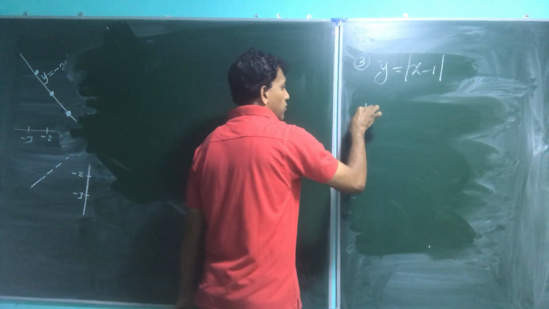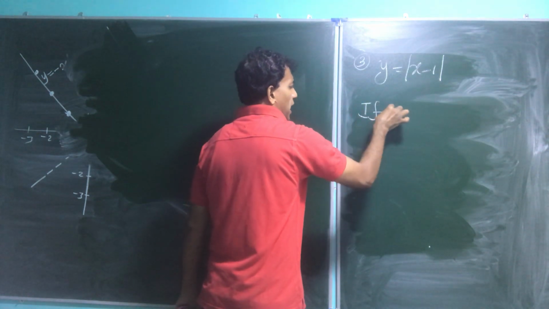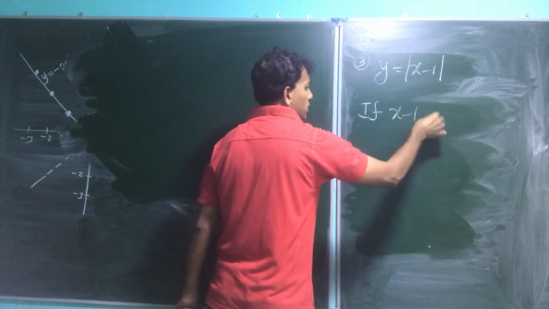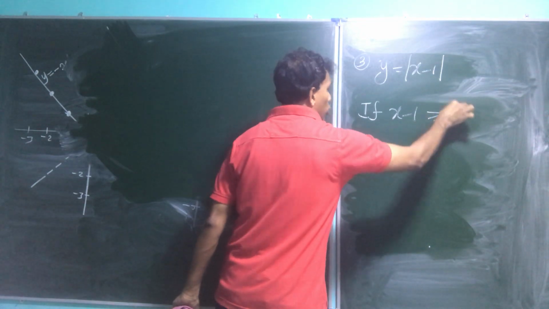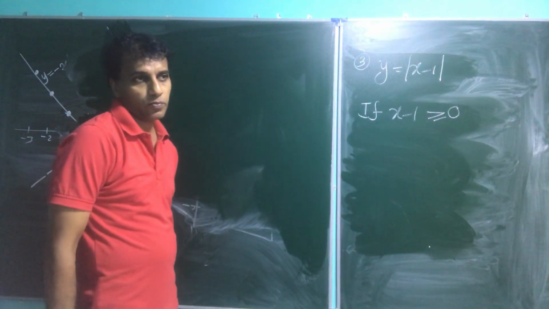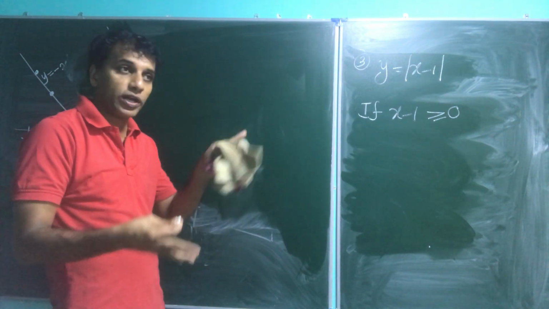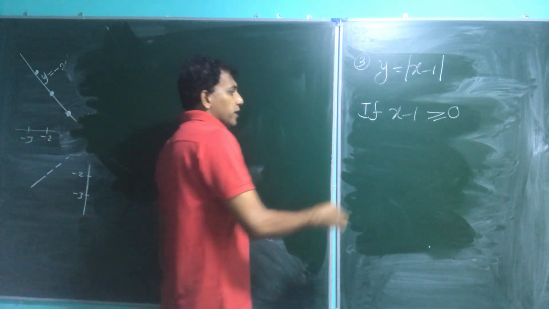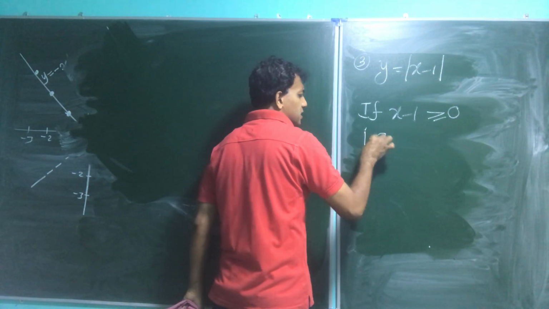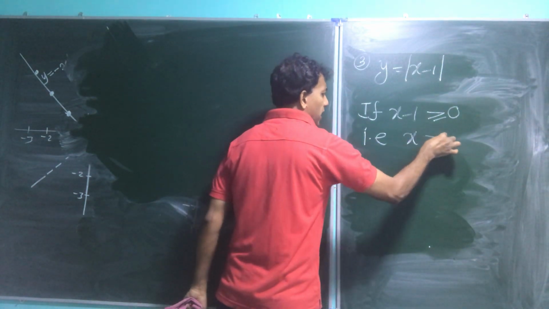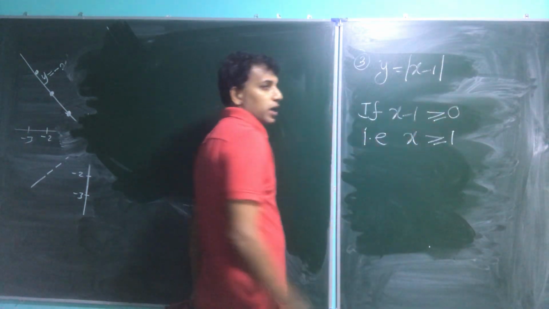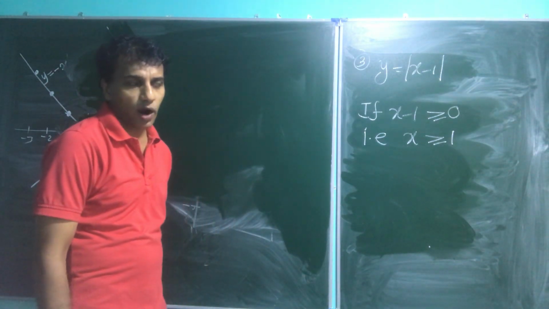So first one, if x minus 1 is greater than or equal to 0. What is inside the modulus? Take as more than or equal to 0. In other words, what is the x answer? X is greater than or equal to 1.